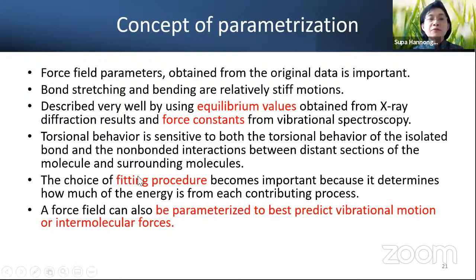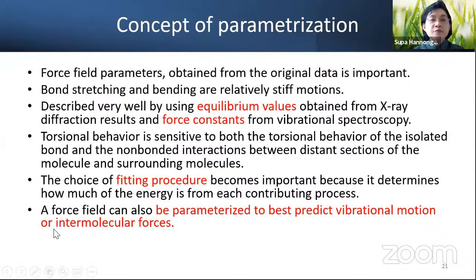Therefore, the choice of fitting function becomes important because it determines how much energy comes from each contributing process, okay? That means torsion energy is not easy to obtain, okay?